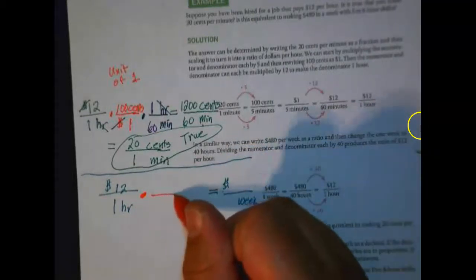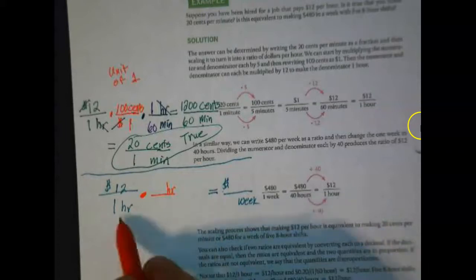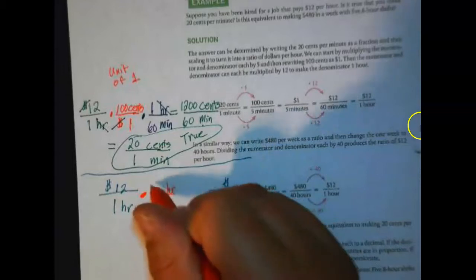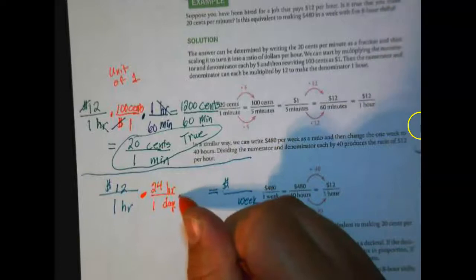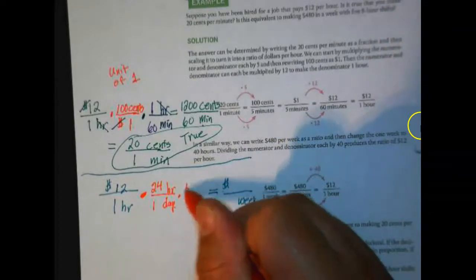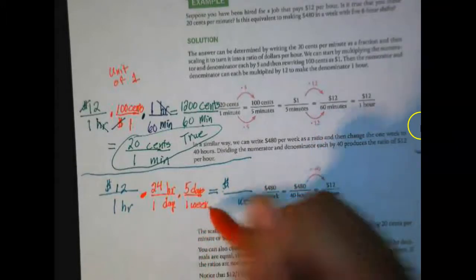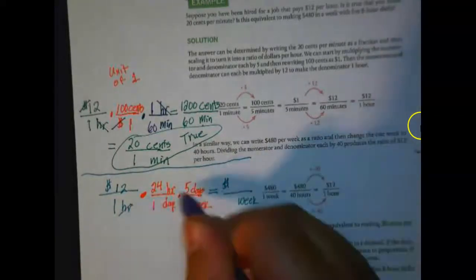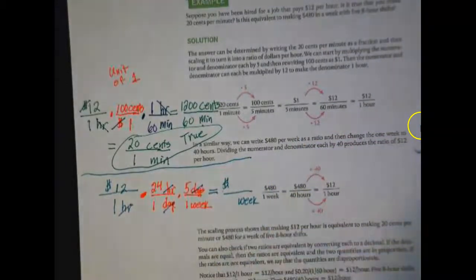I want to get rid of hours. I could figure out how many hours in a week, but I know I'm going to go to days first, because I know there's 24 hours in one day, and I also know there's 5 days in 1 week. When I look at it, my hours are going to cancel, my days are going to cancel, and I end up with week on the bottom.